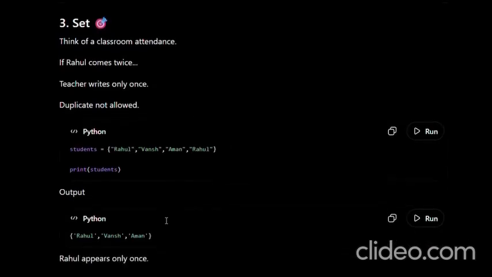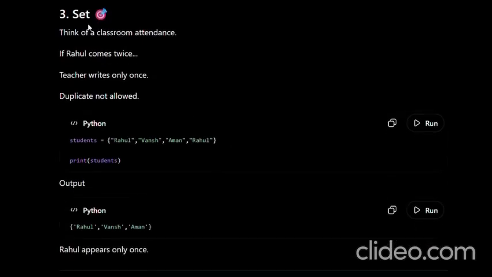So now let's study about set. A set is like classroom attendance. If Rahul comes twice, the teacher writes only once. So basically duplicates are not allowed in a set. Sets are basically made by using curly braces. In a dictionary we also use curly braces, but they are key value pairs, while here they are single elements in a set.